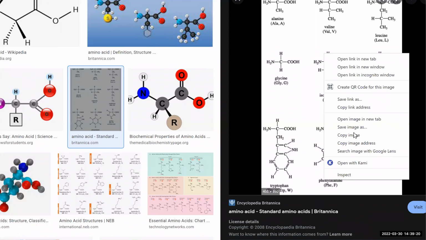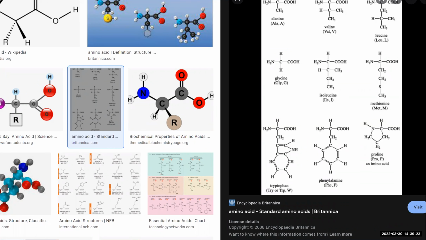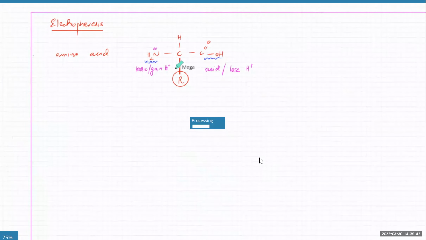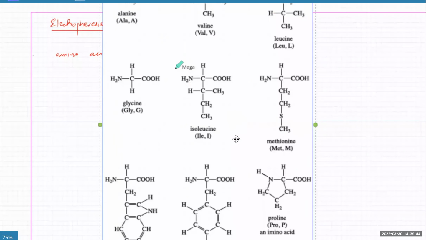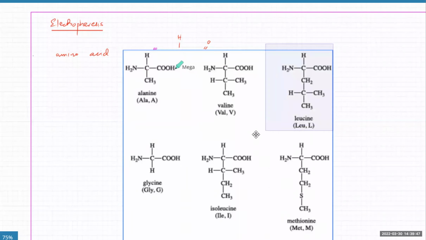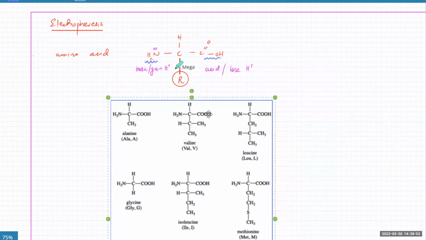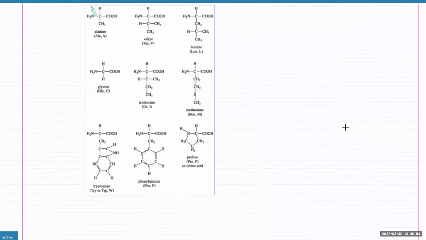Let me copy this. So total 20 amino acids होते हैं, 19 to 21 amino acids in the human body. So here are a few examples, the most common ones.